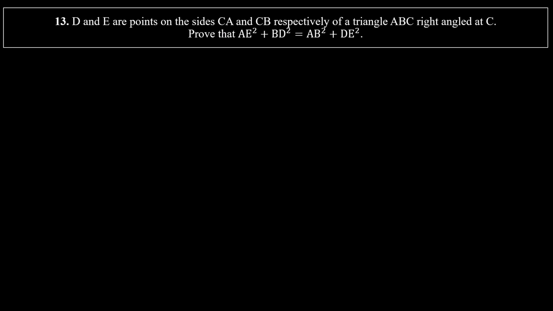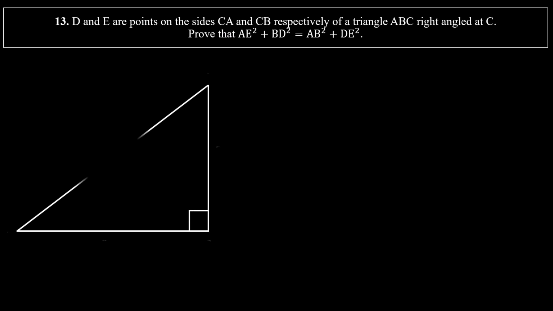Question number 13. Here D and E are points on the sides CA, CB respectively of triangle ABC, right angle at C. So we are given a right triangle ABC, right angle at C. D and E are two points on CA and CB respectively.